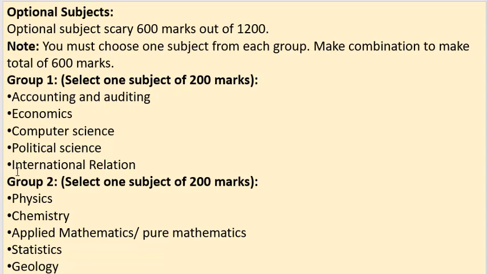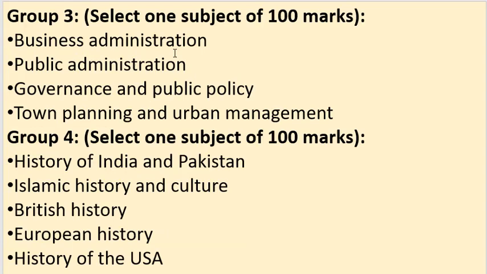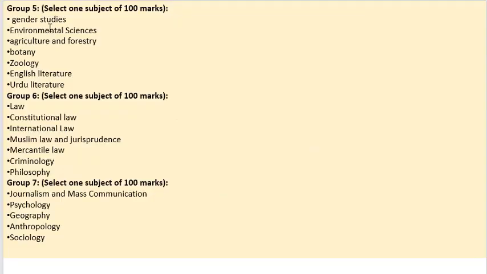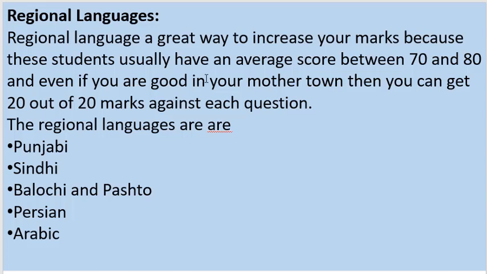Group 2, select one subject of 200 marks: basic chemistry, applied mathematics, pure mathematics, statistics, geology. Group 3, 100 marks. Group 4 also carries 100 marks for each subject. Group 5, Group 6 and Group 7.